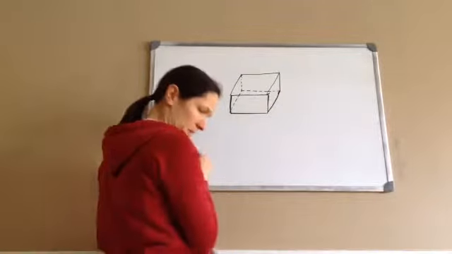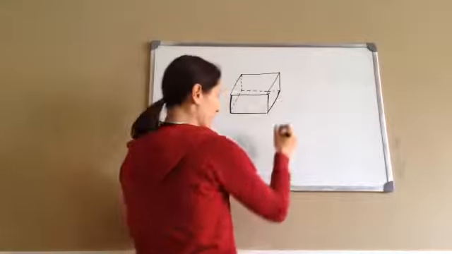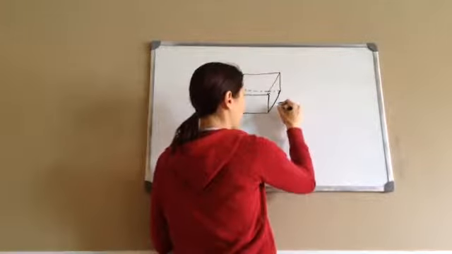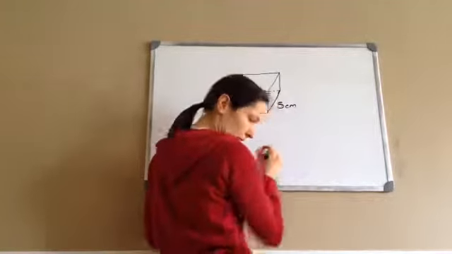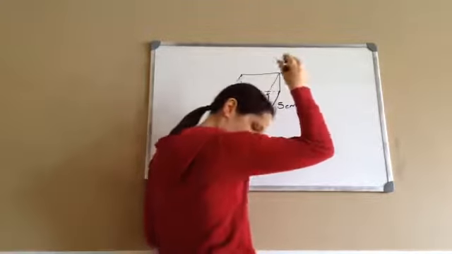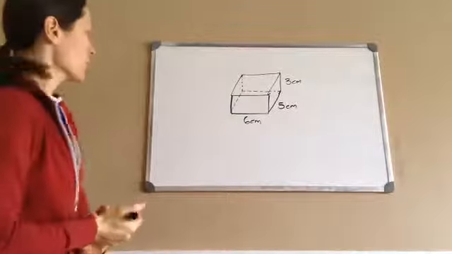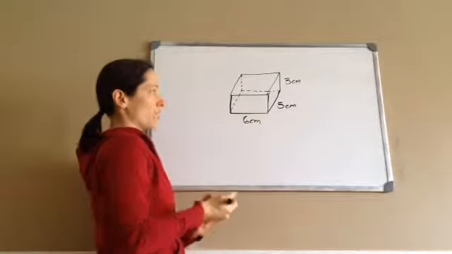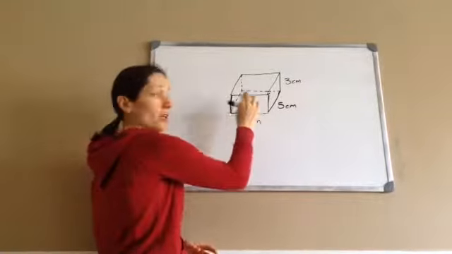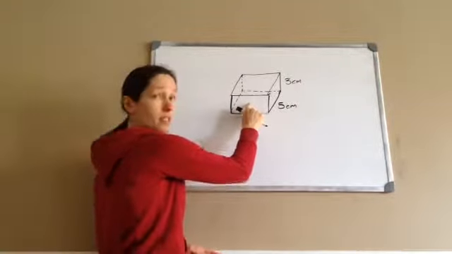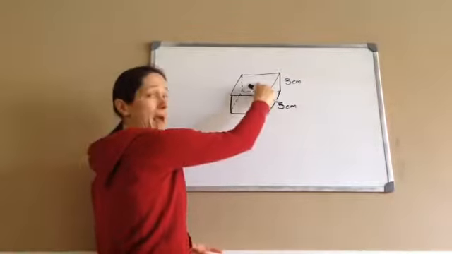Okay, so now let's take this picture that they've got here, and we're going to find the surface area of this. Okay? So they tell me that this is 5 centimeters, 3 centimeters, and 6 centimeters. Okay? So let's go on and say what this is. I'm going to show that I'm going to have a front. You see that's my front, my back.